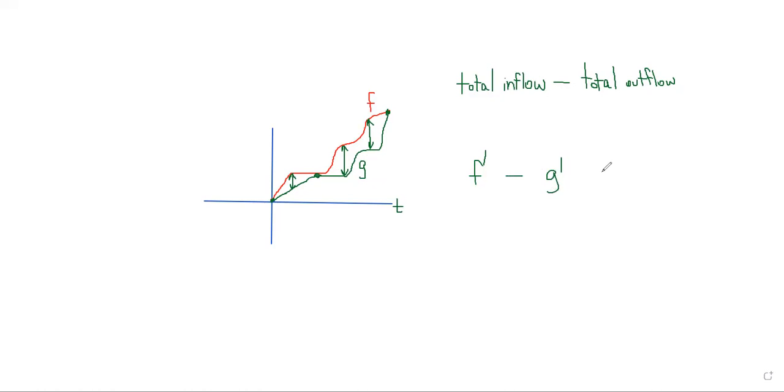That is the zeros of the first derivative. So f minus g, which is total inflow minus total outflow, gives me the value that I'm interested in. The y value here would be the number of persons in the building.